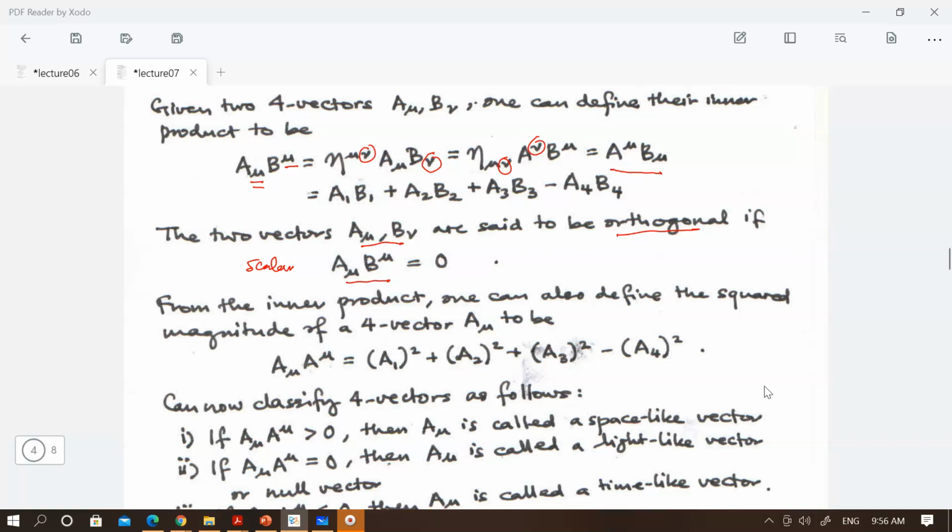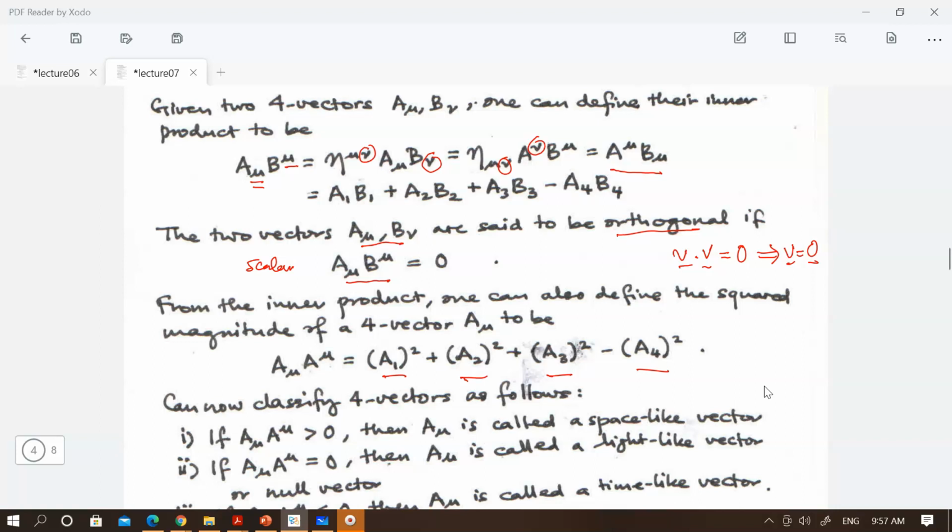We can also take the inner product between a vector and itself, like this one. Okay, then essentially, like before, you'll get this sum of components here, but with a minus sign for the fourth one. Now, one of the things that we know, for example, if we take v dot v in ordinary vector calculus, if it's equal to 0, then that tells us v equals the 0 vector.